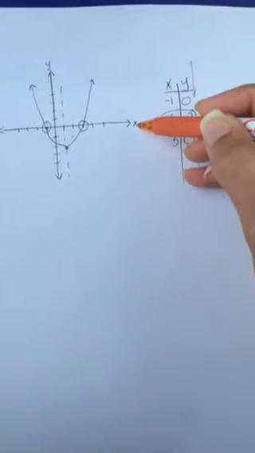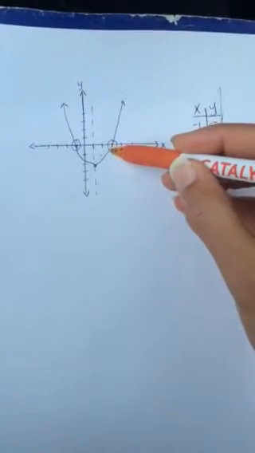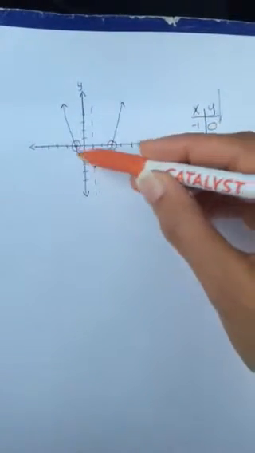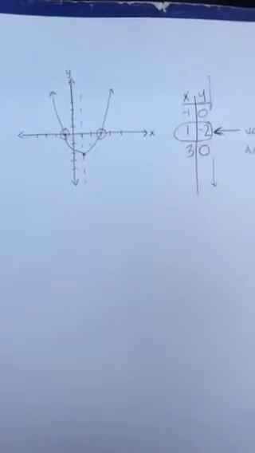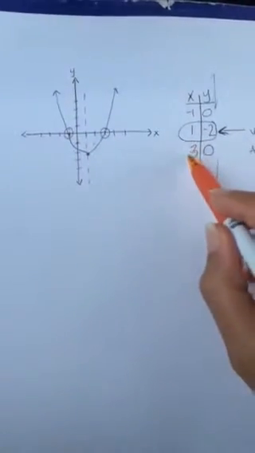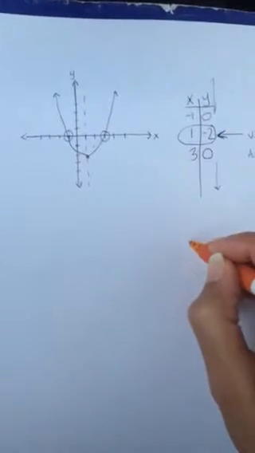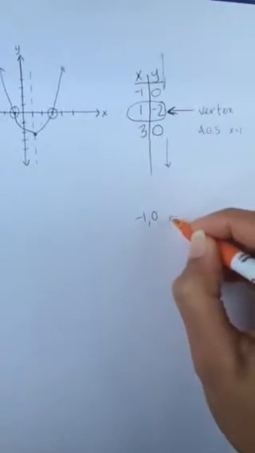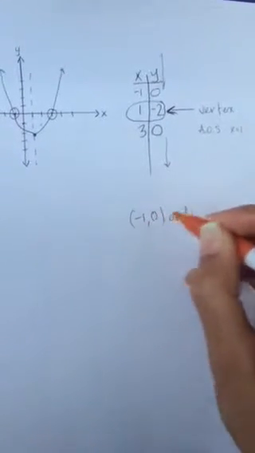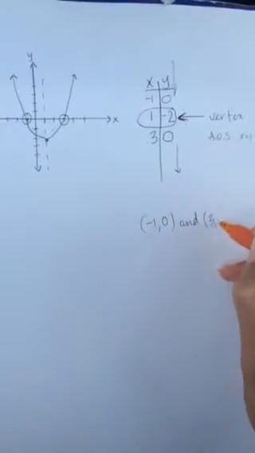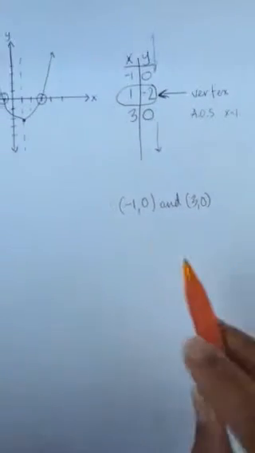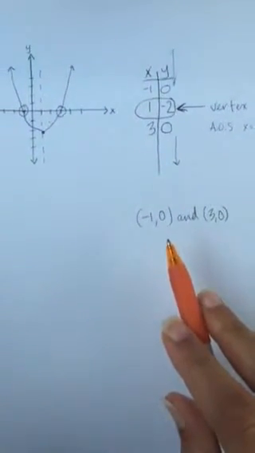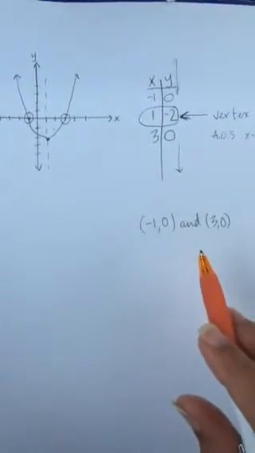This is our x-axis, and remember that intersect just means to come into contact with or to cross. So these points, -1, 0, and 3, 0 are the places where our graph intersects the x-axis.